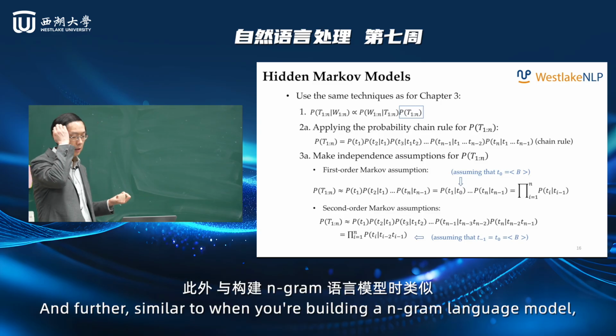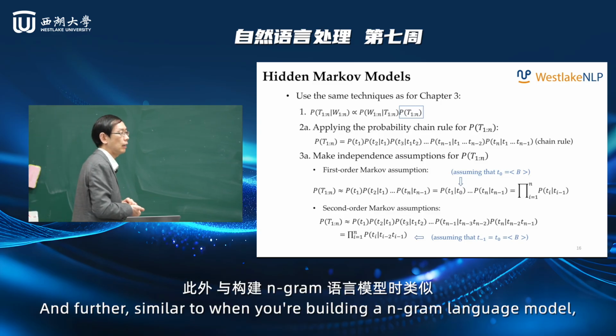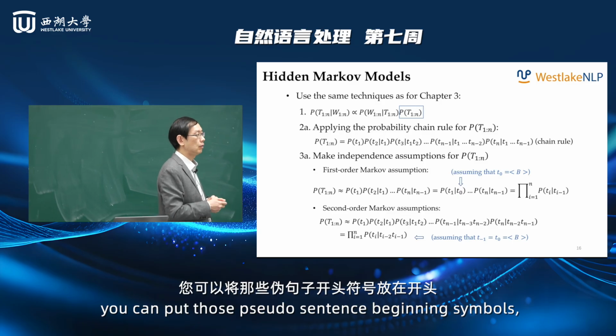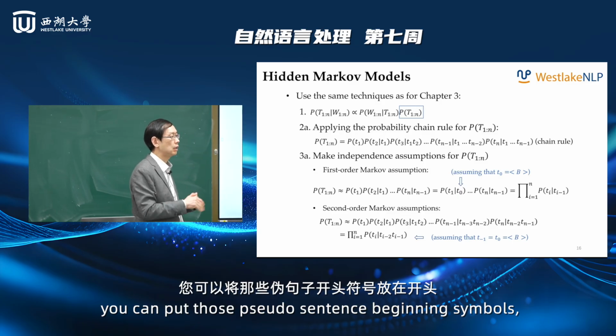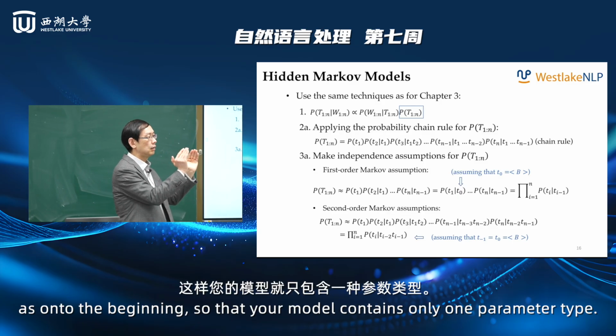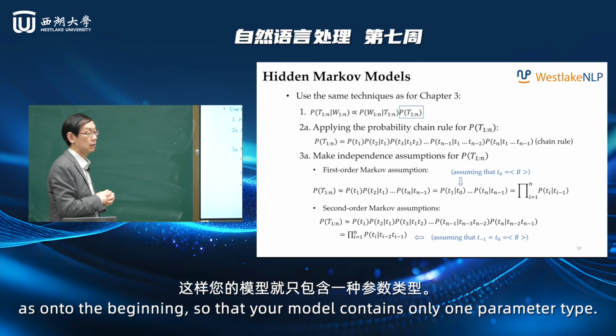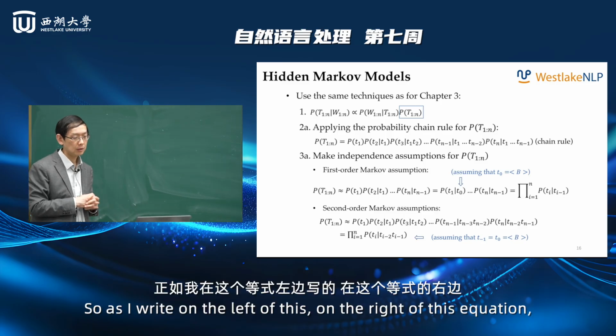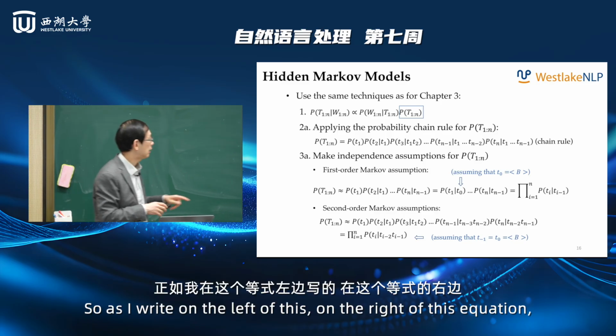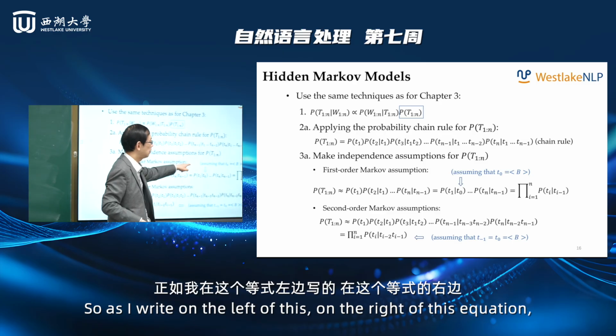And further, similar to when you're building an n-gram language model, you can put those pseudo sentence beginning symbols, B, at the beginning, so that your model contains only one parameter type, as I write on the right of this equation.